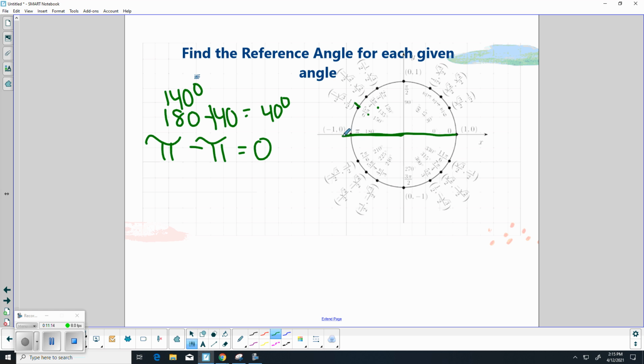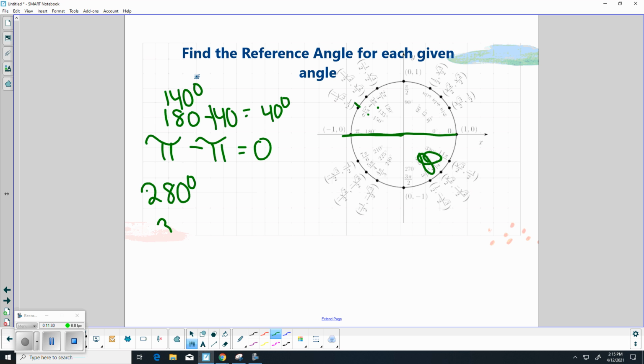So then let's find a couple more. Let's do 280. 280 is in this quadrant over here.